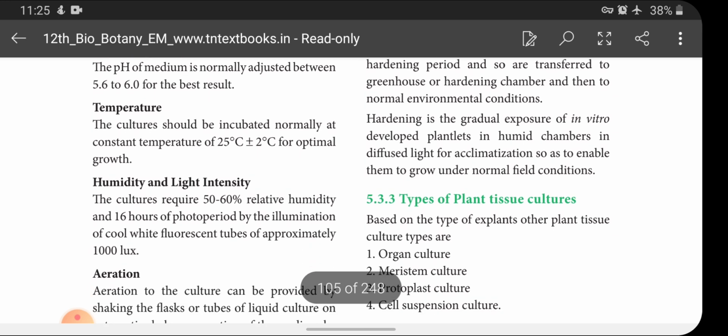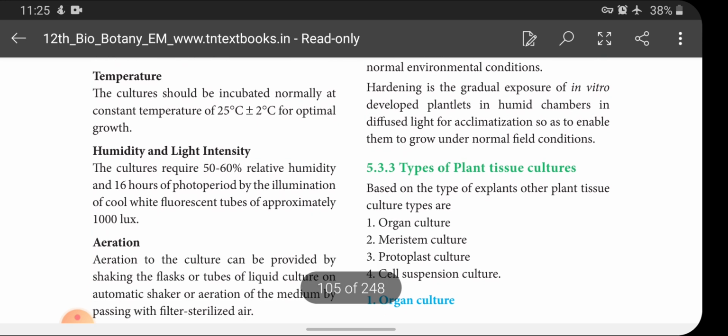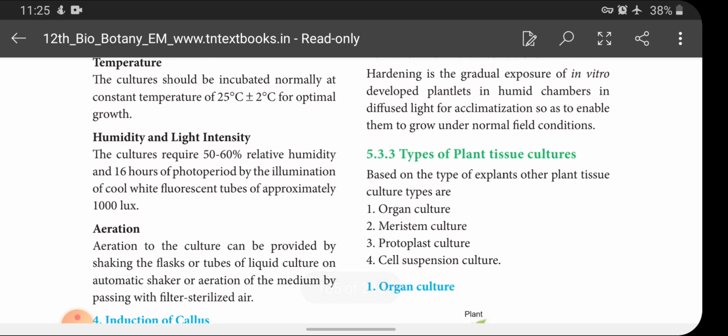Hardening is the gradual exposure of in vitro developed plantlets in humid chambers in diffused light for acclimatization, so as to enable them to grow under normal field conditions.